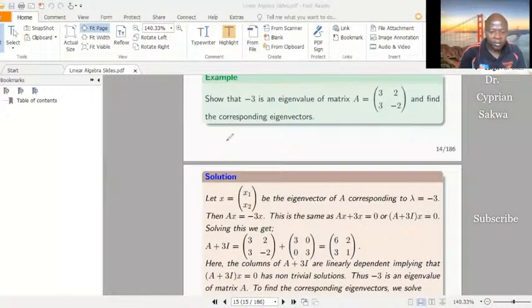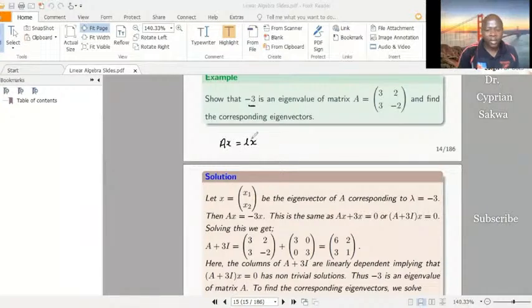We say that, let me call it lambda, that Ax should be equal to lambda x if lambda is to be an eigenvalue and x its corresponding eigenvector.